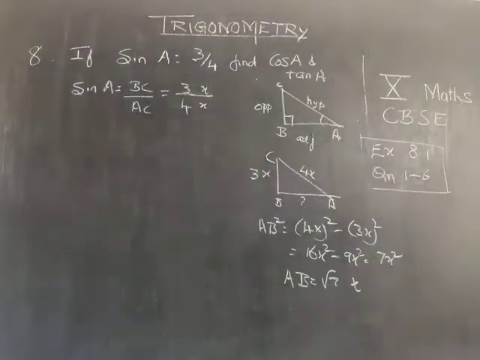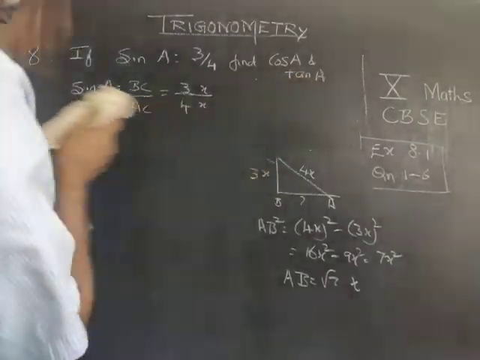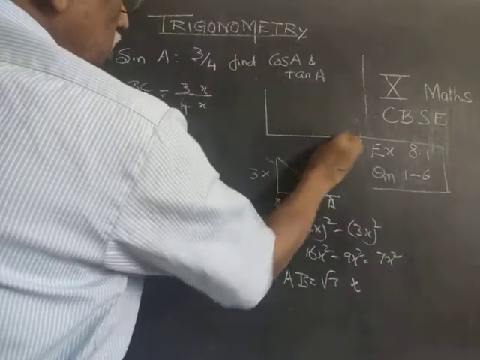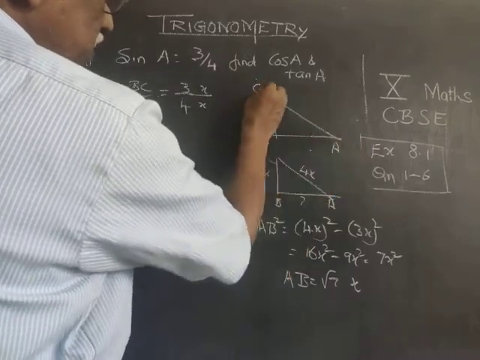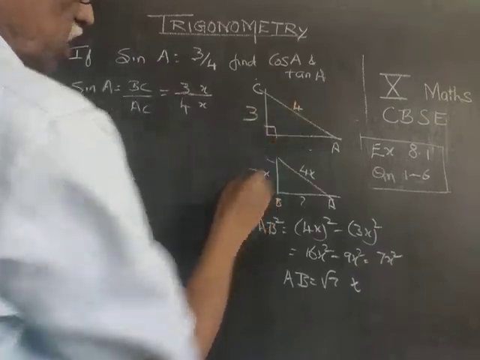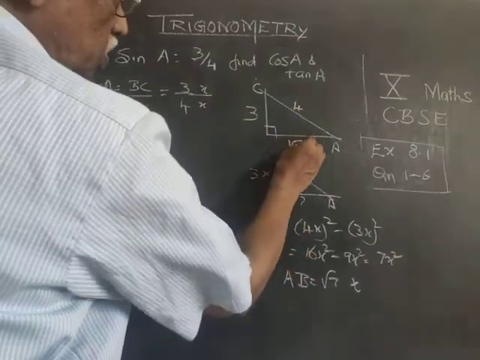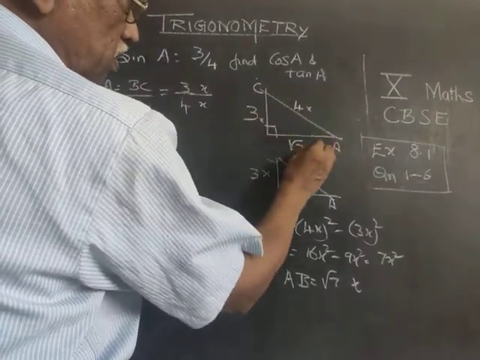So let me rewrite this. Draw the figure. Here, say this is B, I am taking A and this is C. Opposite side, this is 3. AC is given, hypotenuse 4, and adjacent side is root 7. X you can write it or leave it also because it's going to get cancelled.